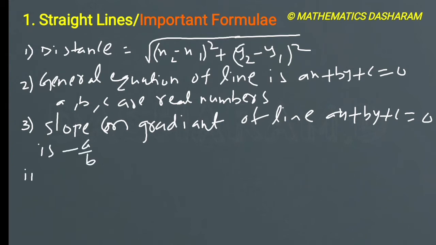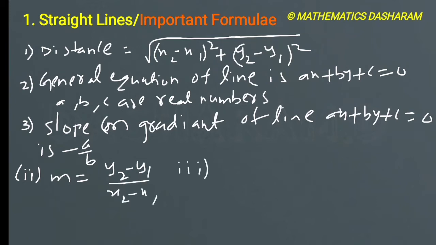When 2 points are given, x1 comma y1 and x2 comma y2, then the slope, denoted with a small m, is equal to y2 minus y1 divided by x2 minus x1. Next, when the theta value is given, the slope formula is tan theta. So in total there are 3 formulas to find the slope for different situations.